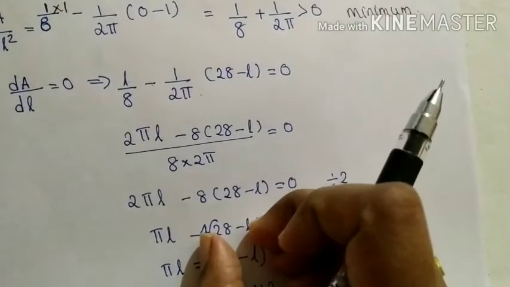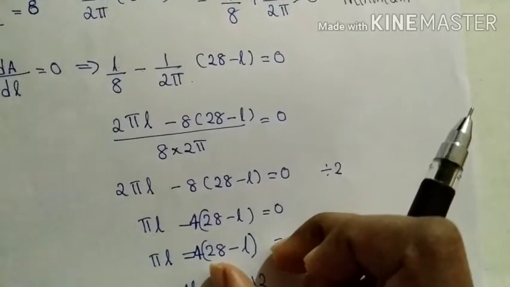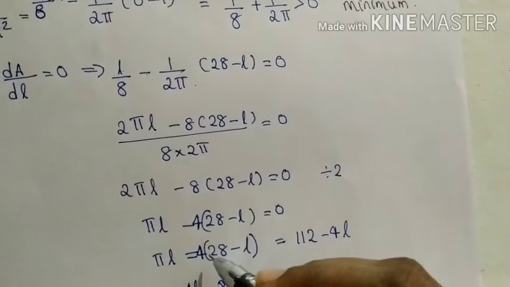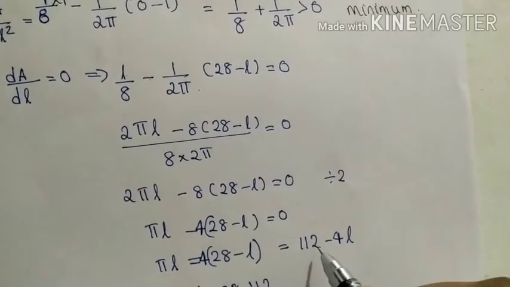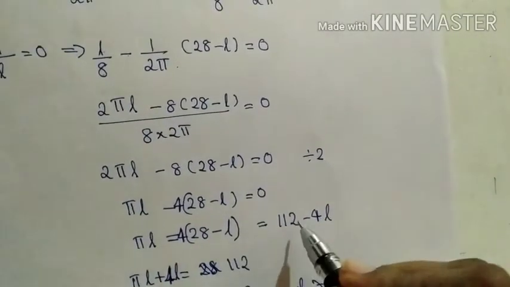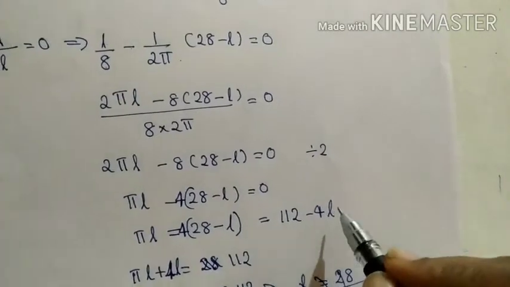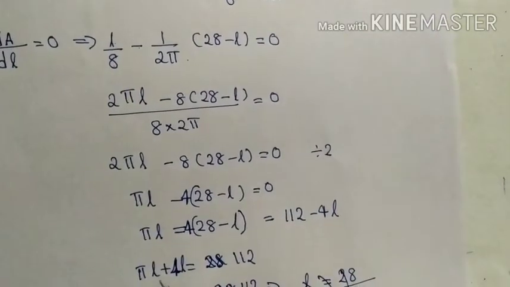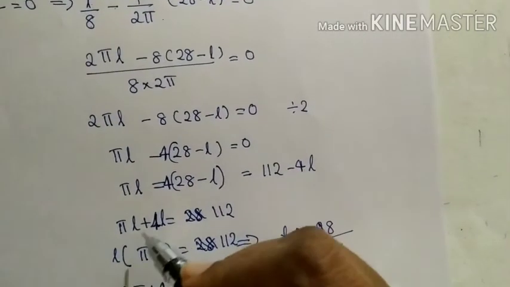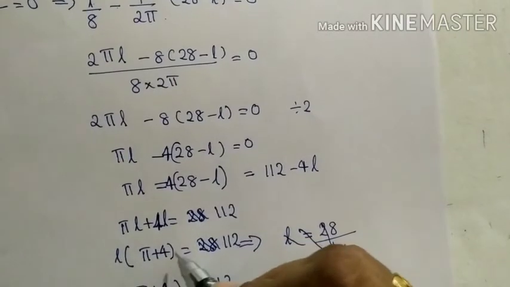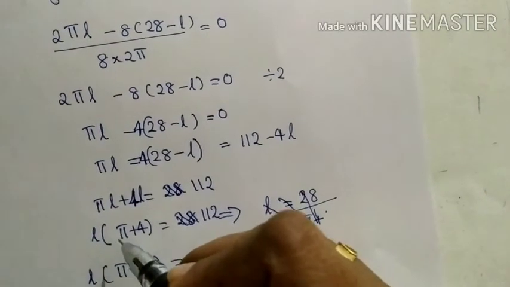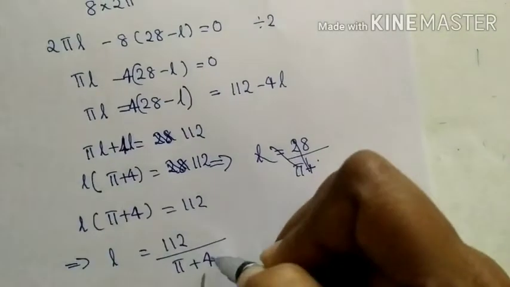Taking this term to the RHS, it becomes positive, and after opening the bracket, we get 4 into 28, which is 112, minus 4L. Pi L equals 112 minus 4L, and taking minus 4L to the LHS, it becomes pi L plus 4L equal to 112. Taking L common, we get L into pi plus 4 equal to 112, so L equals 112 divided by pi plus 4.